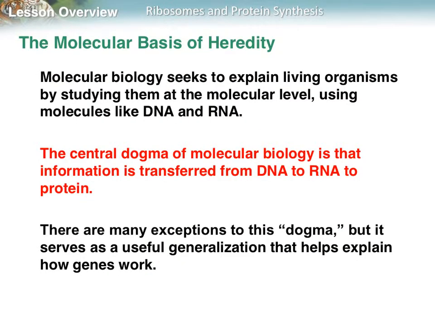The term molecular biology refers to explaining and studying living organisms down at the molecular level using molecules like DNA and RNA. And the central dogma, or main idea, of molecular biology is that information goes from DNA to RNA to protein.